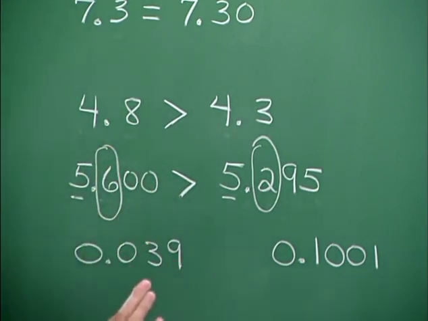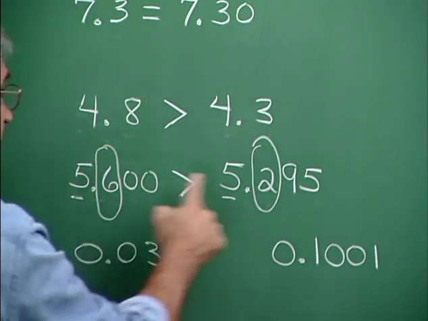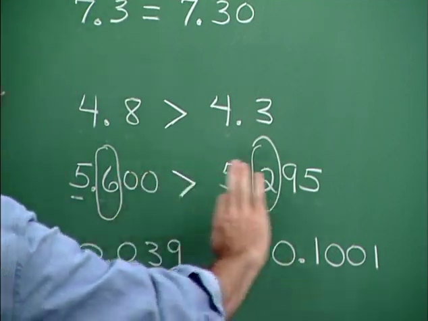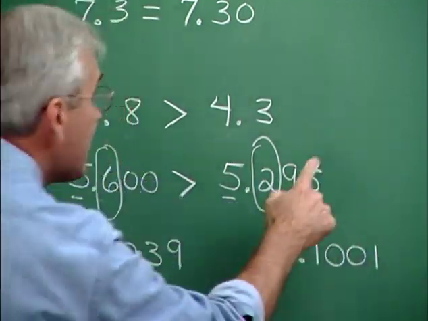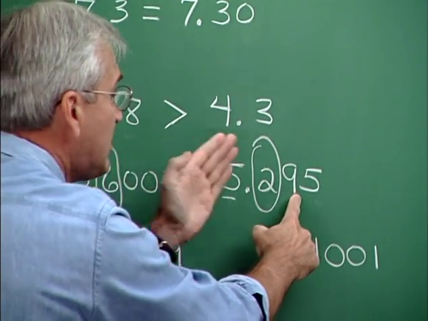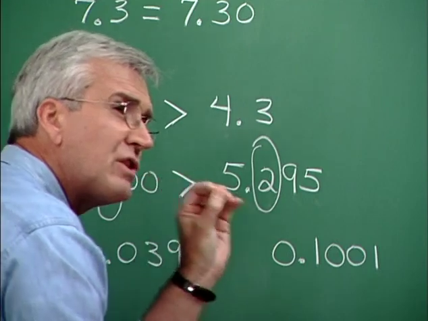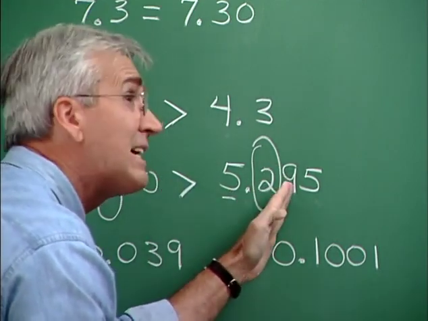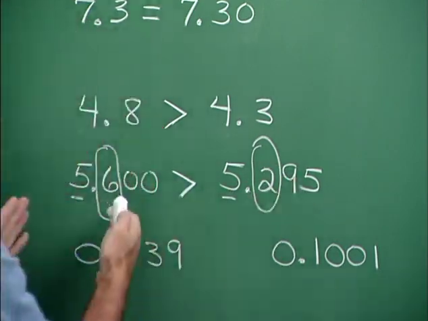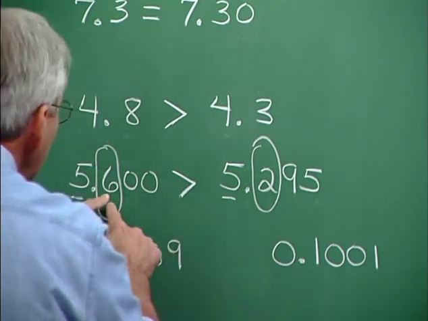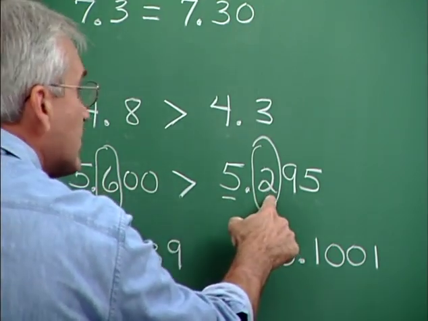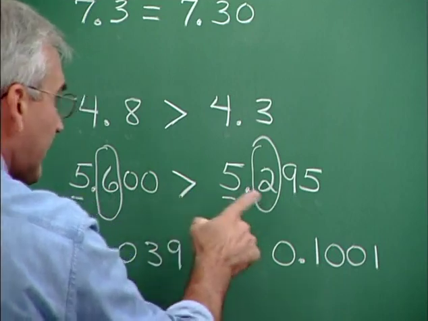They're different from one another. We have more of the tenths here than we have over here. And the other digits really don't make any difference. You see, even though this 9 is a digit which is larger than the 6, it's in a position which has much less value than the tenths digit. So 6/10 outweighs the 2/10, and therefore this number is greater than that one.